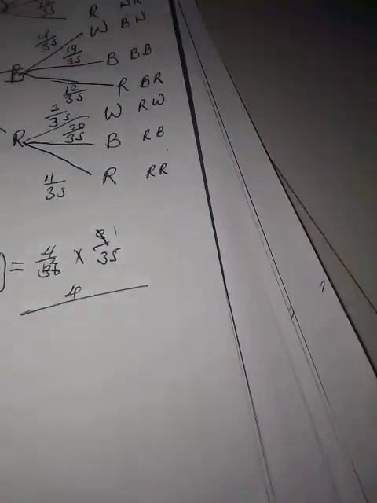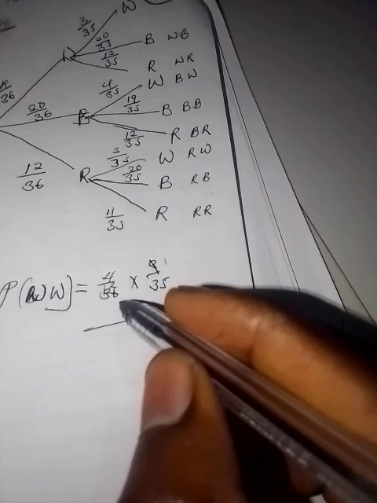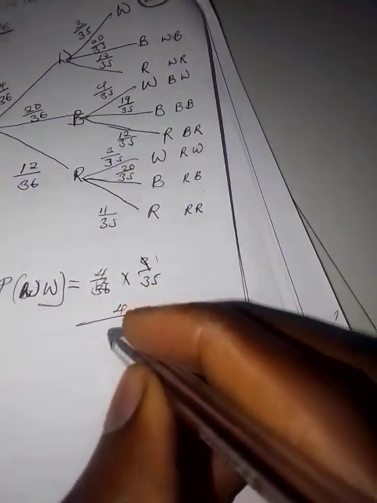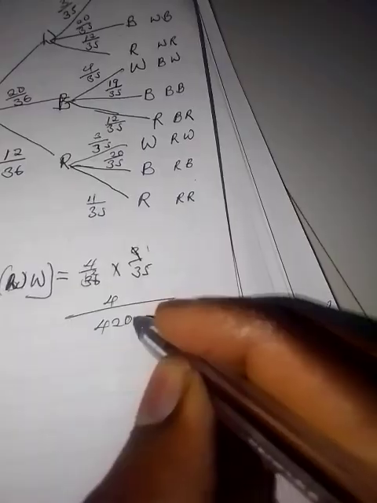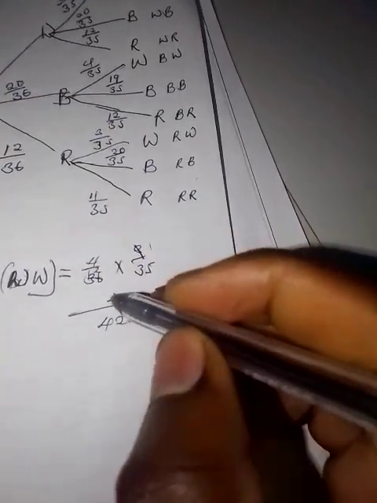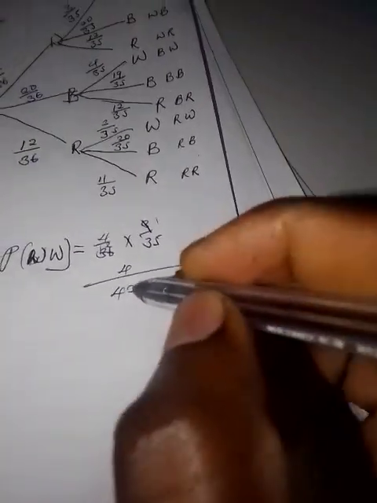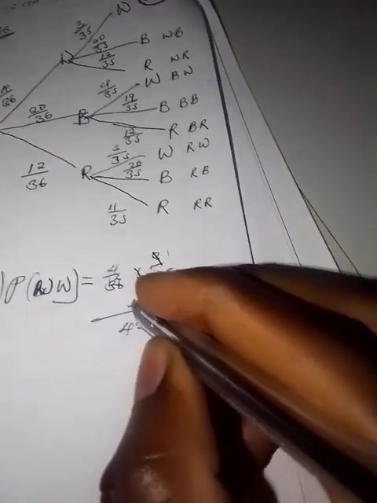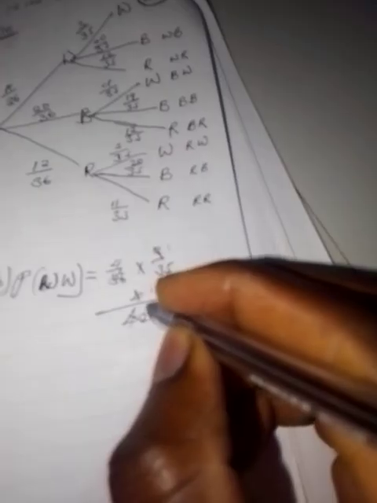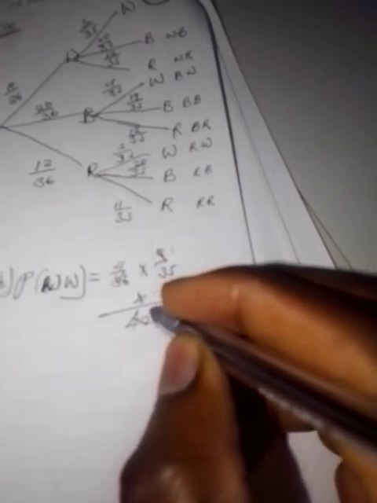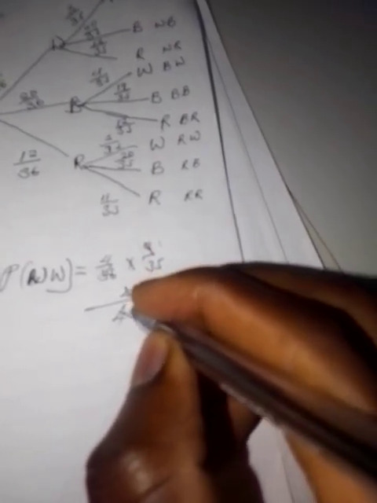It will be 420 when we say 12 multiplied by 35. 4 can go into 420 how many times? 4 into 4, 1, then 15 times.